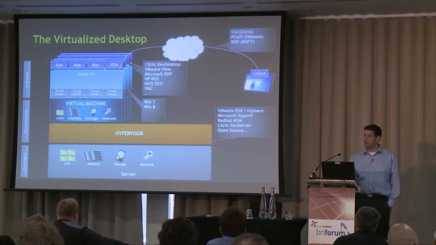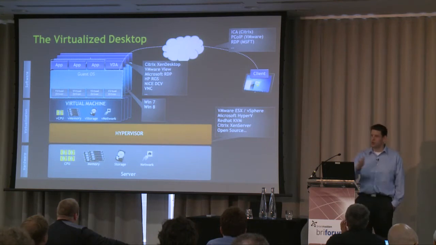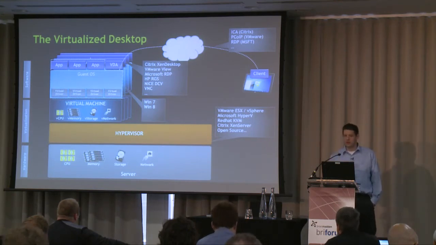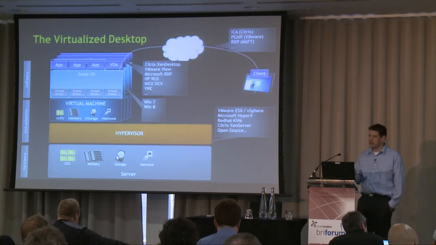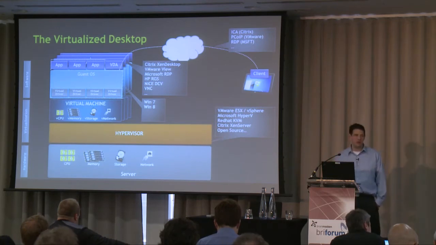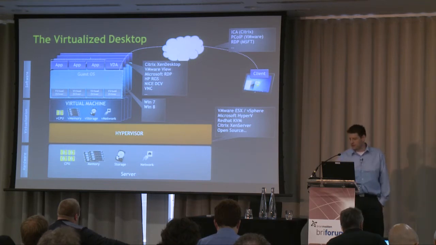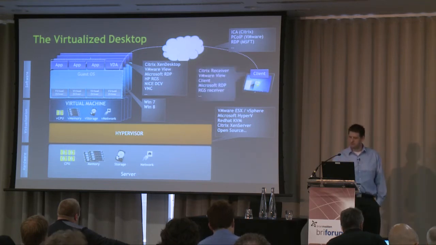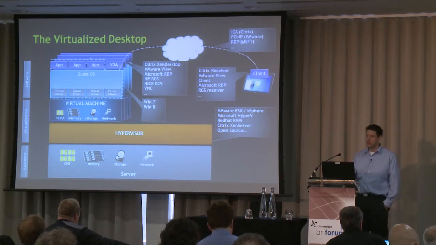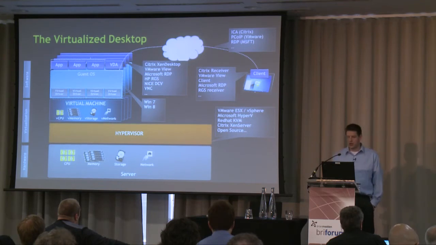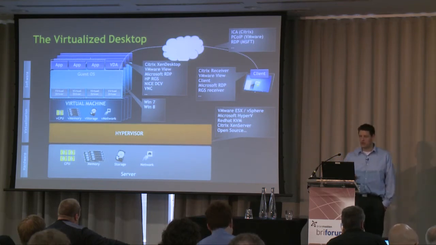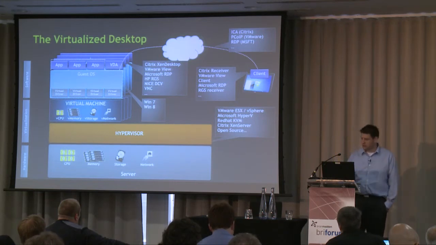And then finally, you have multiple different protocols for how you can remote this experience from your data center to your client. There's ICA from Citrix, there's PC over IP, RDP, among some others. And finally, on the client side, you have the different receivers. You have the Citrix Receiver, the VMware View client, Microsoft RDP, the RGS receiver, just to mention a few.